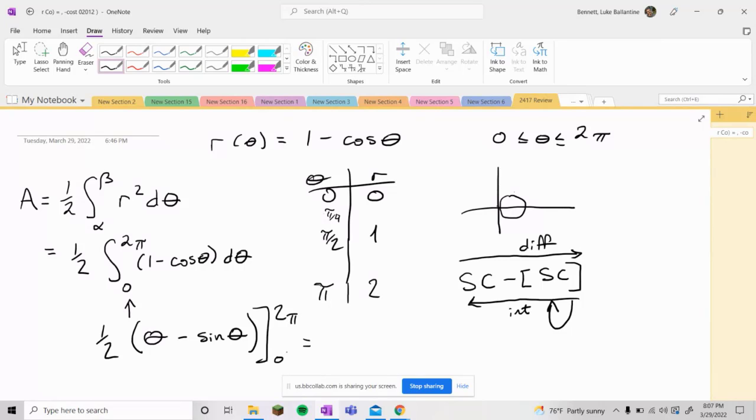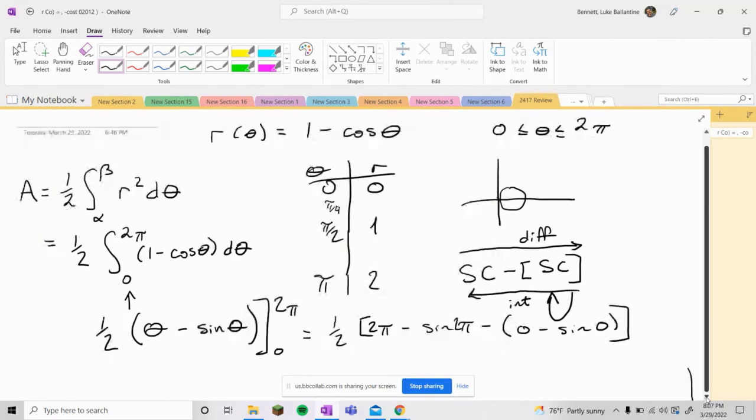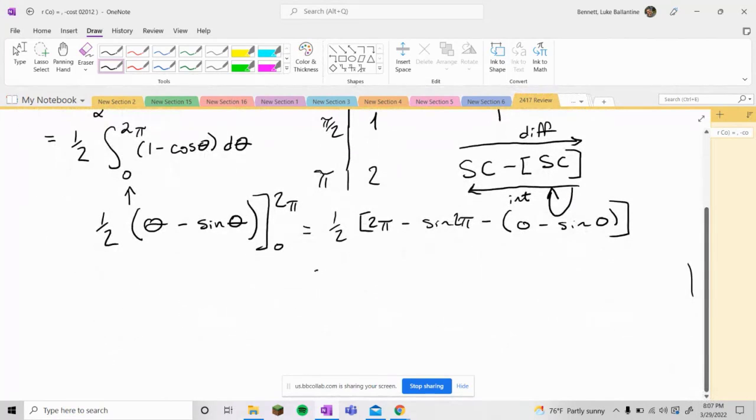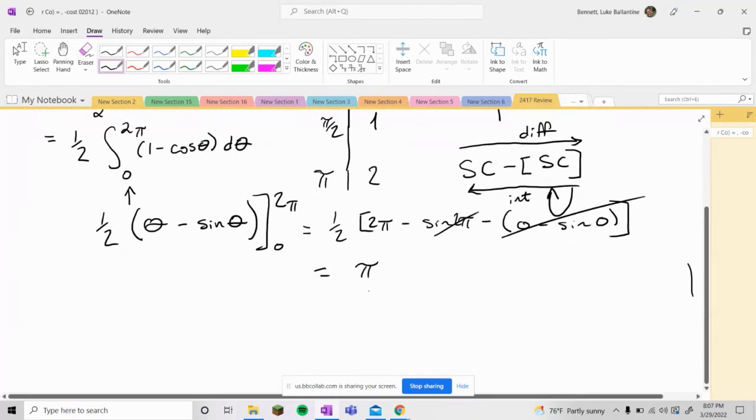So this would just be 1/2 pi minus sine of pi, 2 pi, minus 0 minus sine 0. So this is 0, this is 0, so this is just pi.